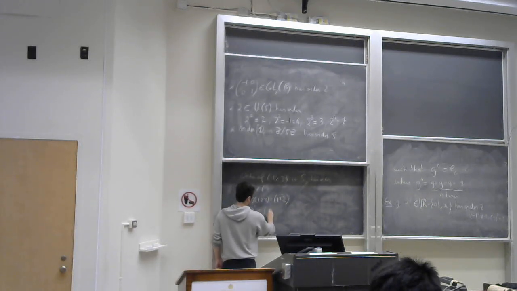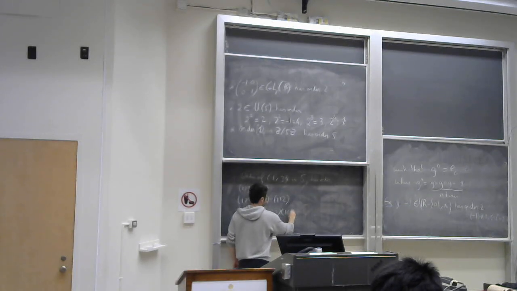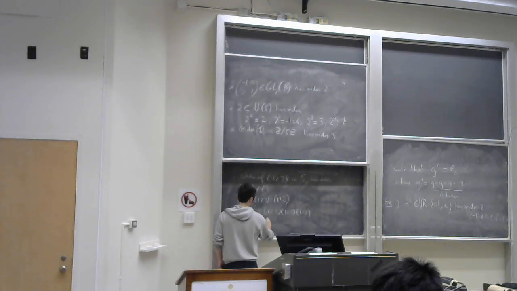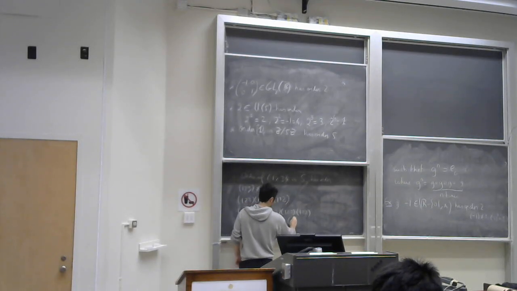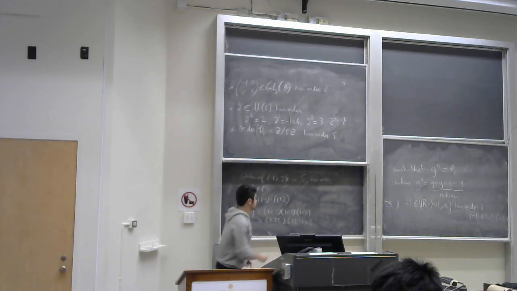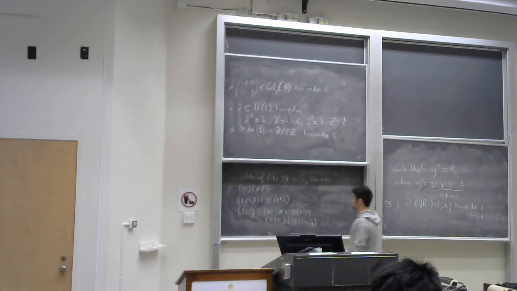This is just (1 2 3) times (1 2 3) times (1 2 3). (1 2 3) times (1 2 3) is (1 3 2), times (1 2 3). 1 goes to 2 and 2 goes to 1, so 1 goes to 1. 2 goes to 3 and 3 goes to 2, so 2 goes to 2. 3 goes to 1 and 1 goes to 3. So this is the identity.